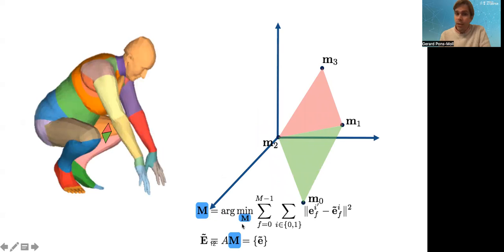And you have to solve this least squares problem such that the edges of the mesh M match those edges that we've computed before with these triangle deformation matrices X0, X1, and so on. Here the matrix A is mostly zeros, and it will contain a 1 and a -1 in order to compute the edges from the vertices.